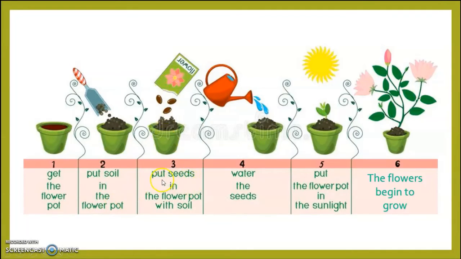Number three, put seeds in the flower pot with soil. Number four, water the seeds or water the plant. Number five, put the flower pot in the sunlight.